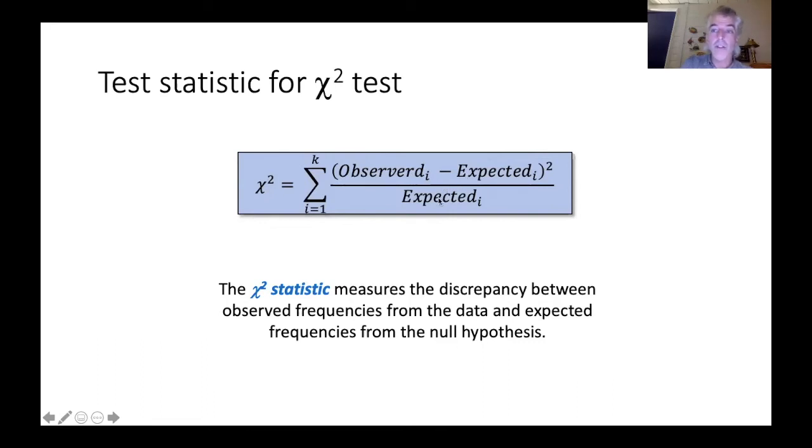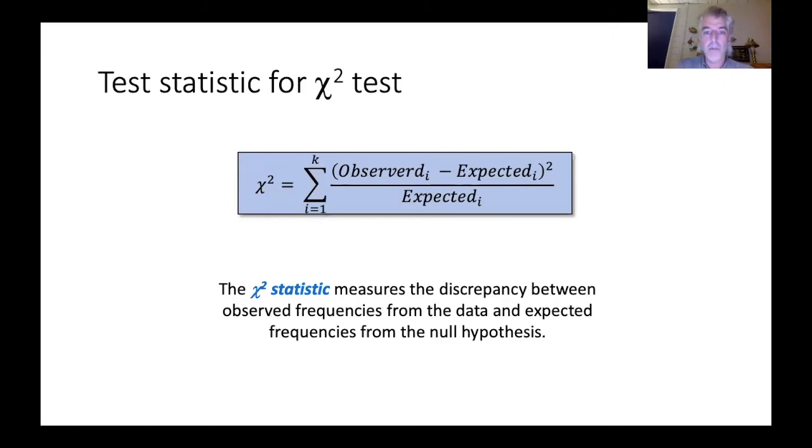And so we add all of those up across the 12 categories, and that gives us our chi-squared test statistic. So this chi-squared test statistic measures the discrepancy between our observed frequencies from our data and the expected frequencies from the null hypothesis.